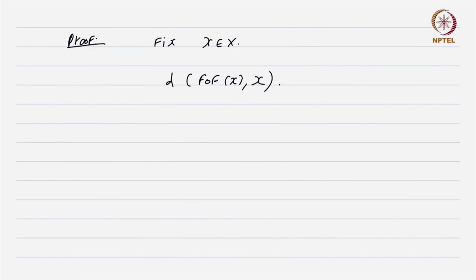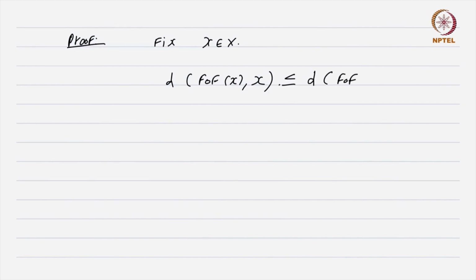By our hypothesis that this is a contraction, we know that this is going to be less than or equal to c times d(f(x), f^{-1}(x)), but unfortunately f need not be invertible, so we cannot apply such an argument. But what we can do is try to get the required term that we need.